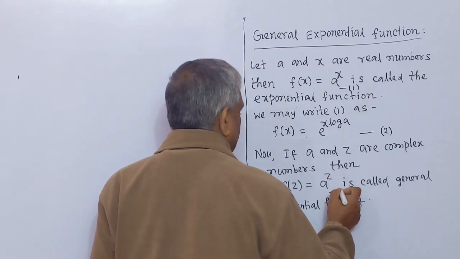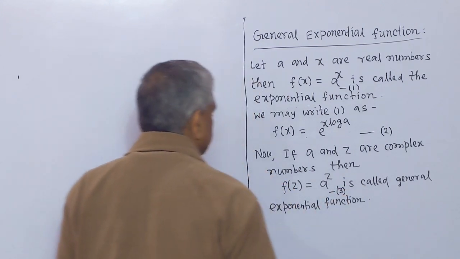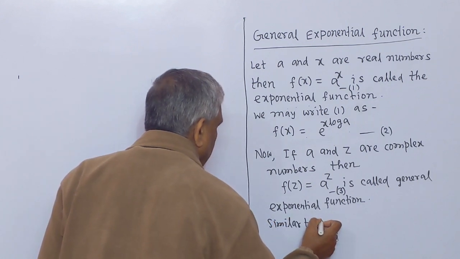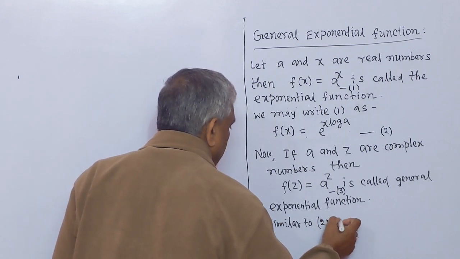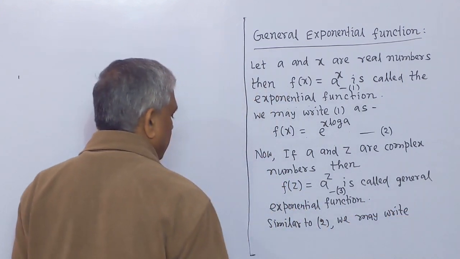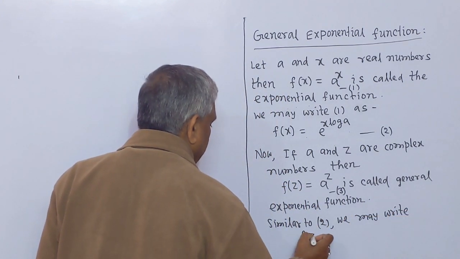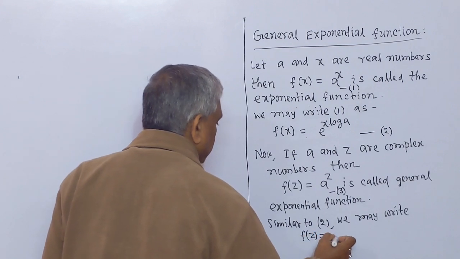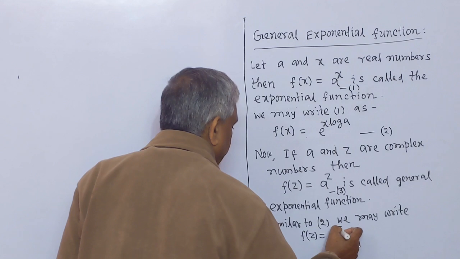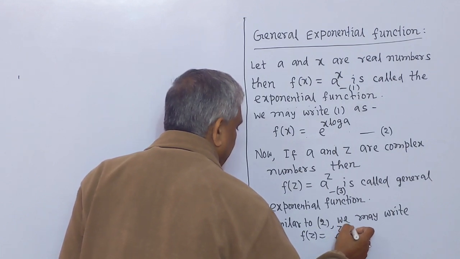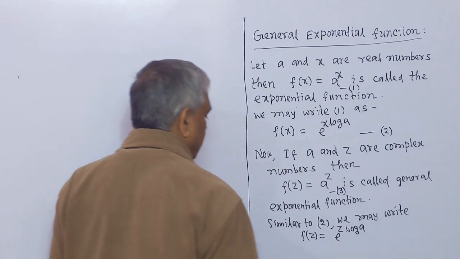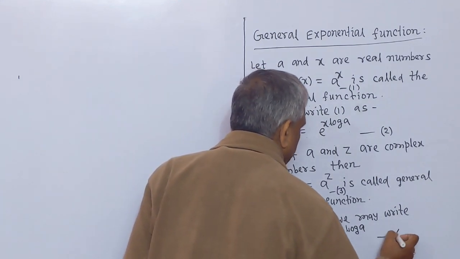Let this be number 3. Similar to 2, we may write f(z) = e^(z Log a). This is number 4.